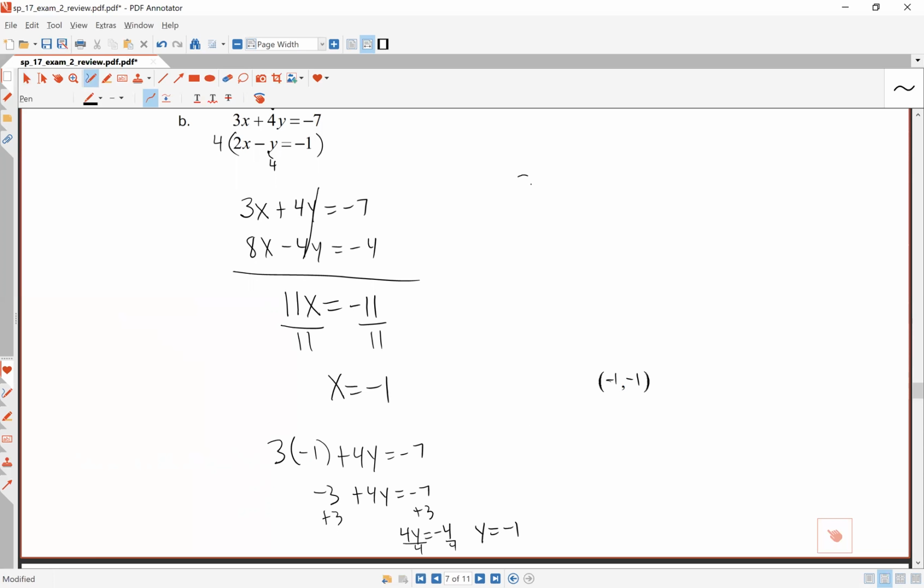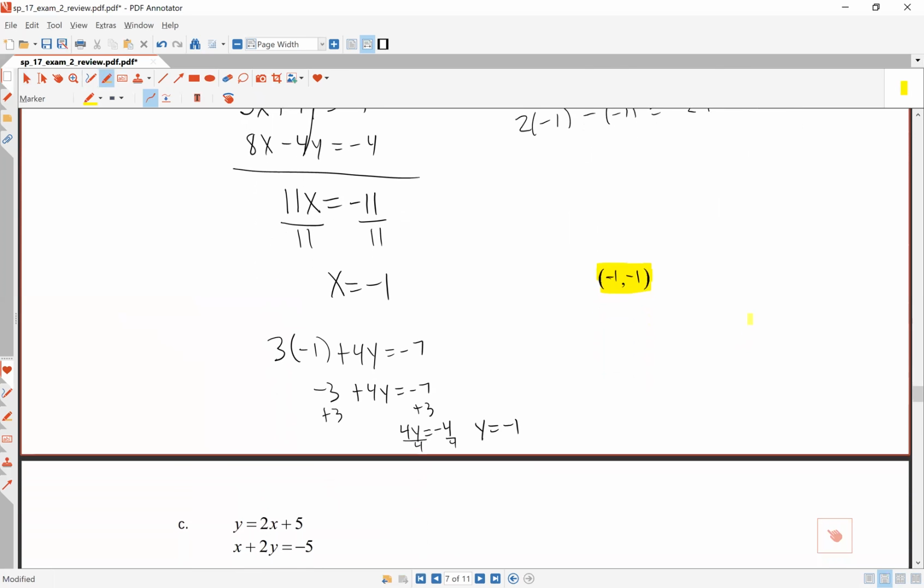I want to check this by plugging it back in. 3 times negative 1 plus 4 times negative 1 is negative 3 minus 4, which is negative 7. Second equation, 2 times negative 1 minus negative 1 is negative 2 plus 1, which is negative 1. Negative 1, negative 1 is the solution.